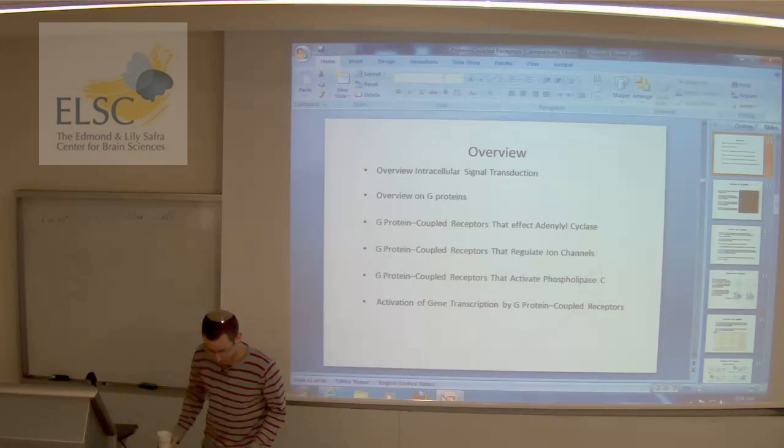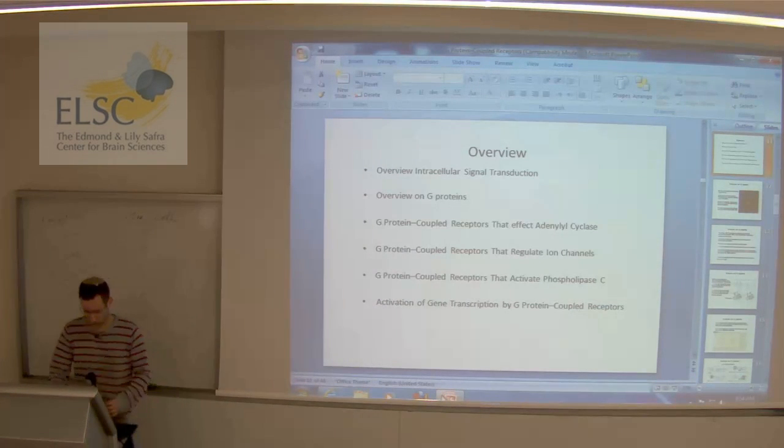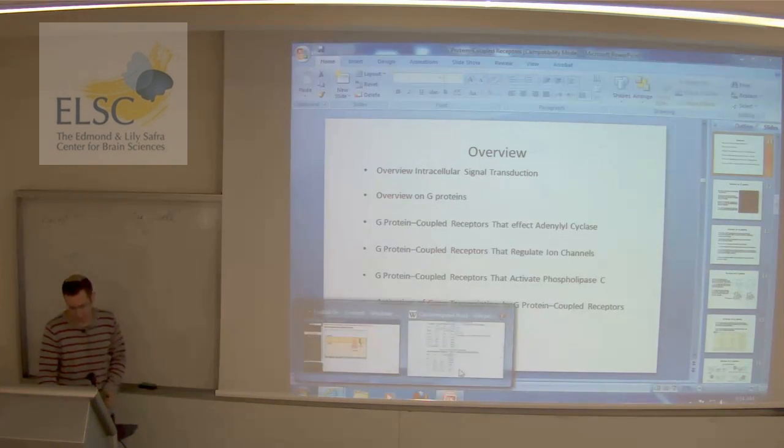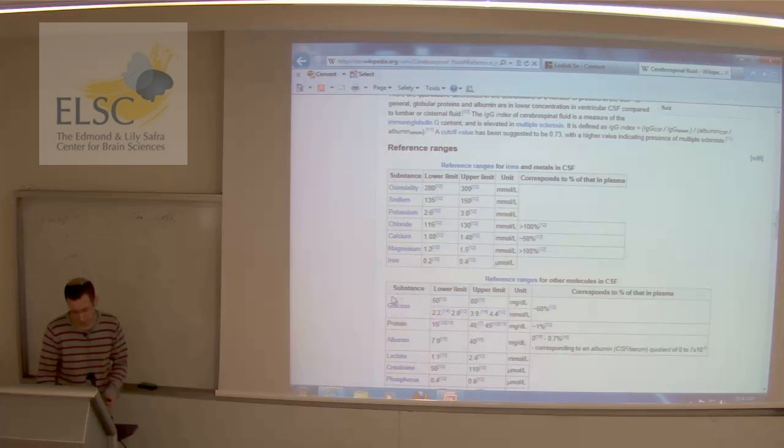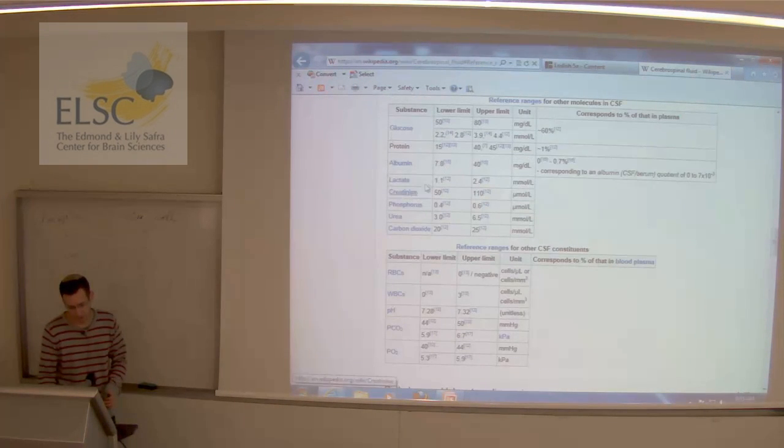Enrica is not here, but she has corrected me about a point that should be corrected, the cerebrospinal fluid. This is the Wikipedia page for it. It has a certain ionic environment. It has some proteins in it, as we mentioned, and glucose. It does not include any white or red blood cells in healthy individuals in the basal state.